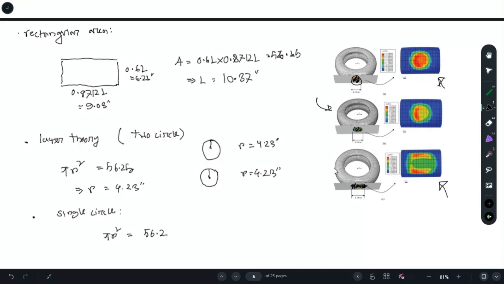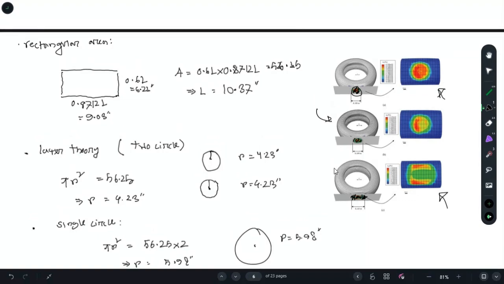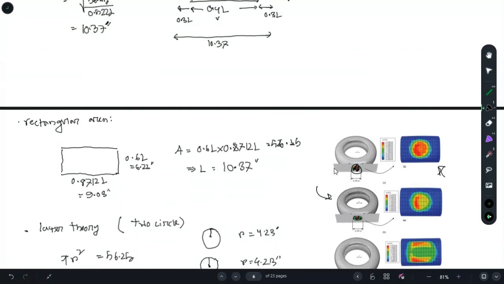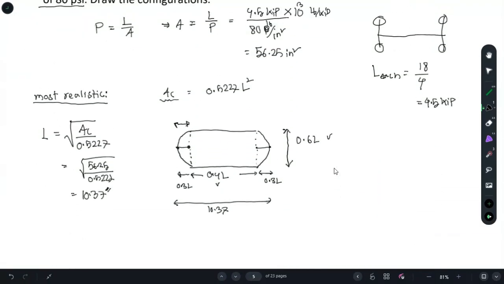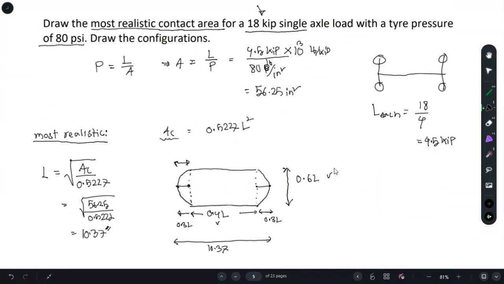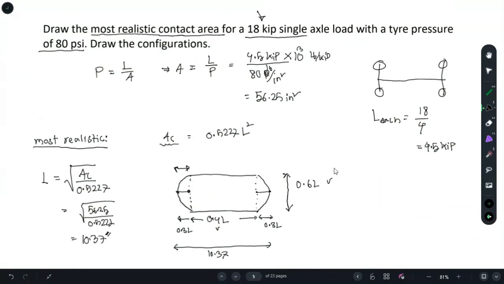You will find out why, but to do the math, I will just do it, and you will get a radius of 5.98 inch. So, in this case, you will get a single circle, and it has a radius of 5.98 inch. So, this is quite important to find out the contact area. It helps you in many ways for many calculations and analyses. So, this is all for this lecture.